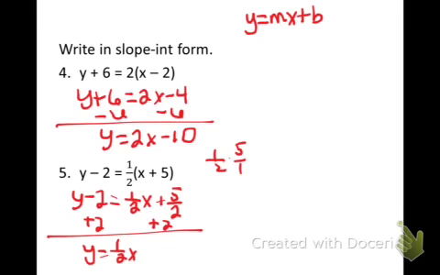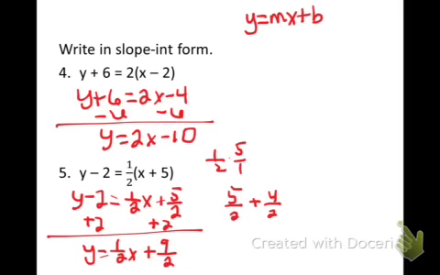You could change the 5 halves into 2.5 if you wanted to, and then add them. What I would probably do is think of 2 as 4 over 2 and add them together to get 9 halves. So it would be 9 halves is what I add on. Whatever makes the most sense to you, but I would write my answer in fraction form.